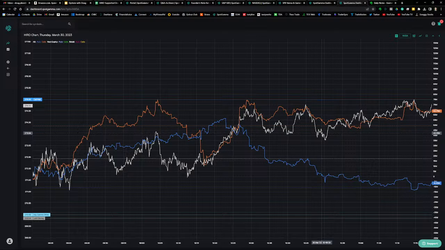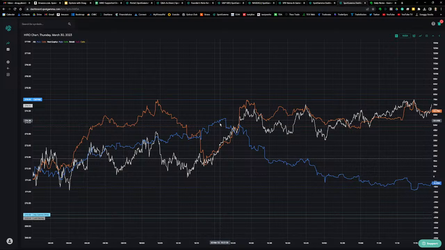So the call line, the rising orange line, indicates that traders are buying calls. That's a positive delta trade. And a rising blue line indicates that traders are selling puts. And again, that's a positive delta position.